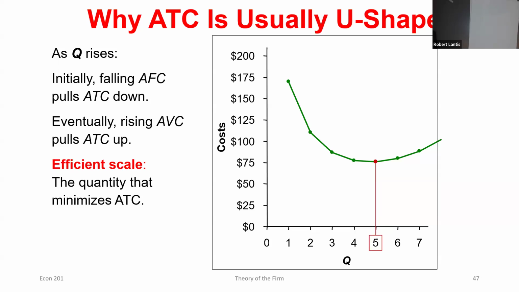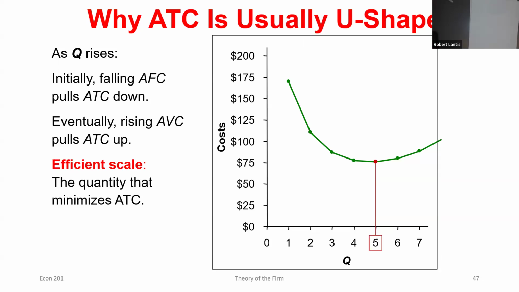Now, even if we don't have gains from specialization, what would be driving down my average total cost initially? What's something that I said is always decreasing as you produce more? My average fixed costs.